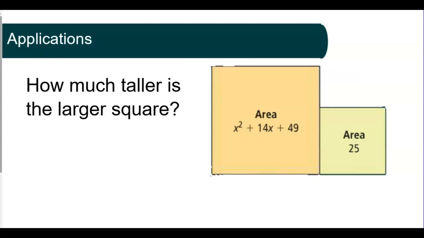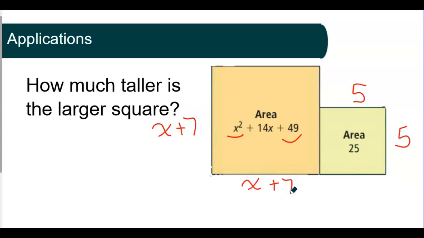All right, here's one for you to try on your own. I want to know how much taller is the larger square. Well, I know that small square is a 5 by 5 square because the area is 25. And then I look at that large square, and I see this is a perfect square trinomial. I'm going to have x plus 7 and x plus 7.